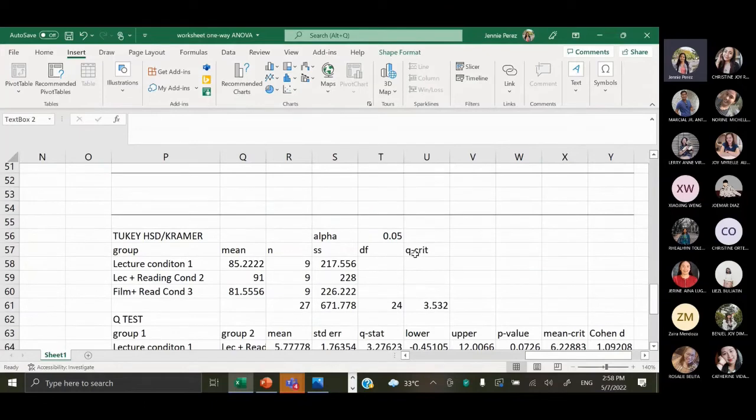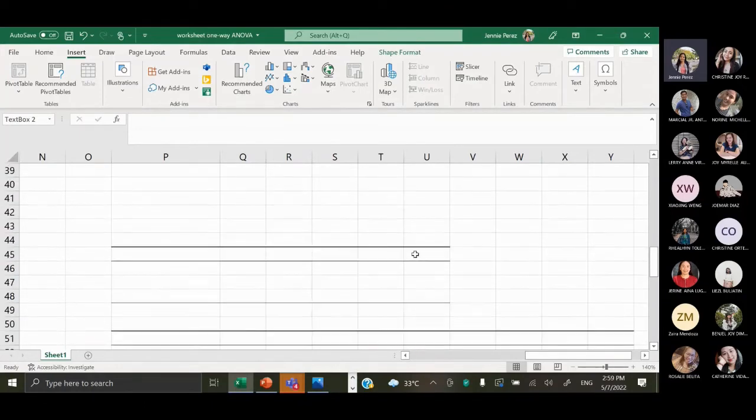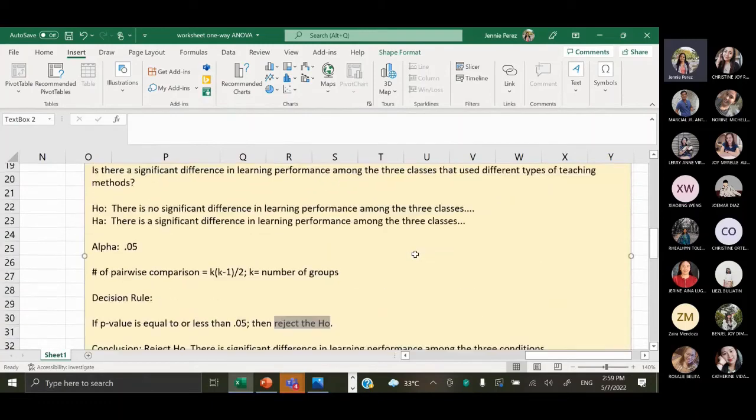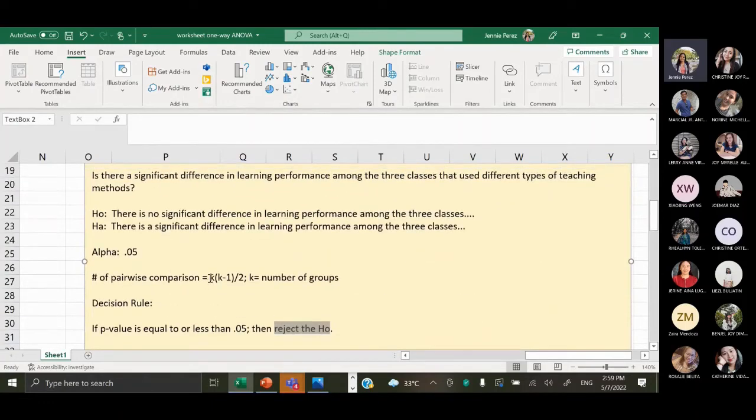So what is the formula to determine how many pairwise combinations we should have? The formula is here: K multiplied by K minus 1 over 2. So if you have 3 groups, that would be 3 times 2, because K minus 1 is 2. So 3 times 2, that would be 6, divided by 2. Then you have 3. K is the number of groups.